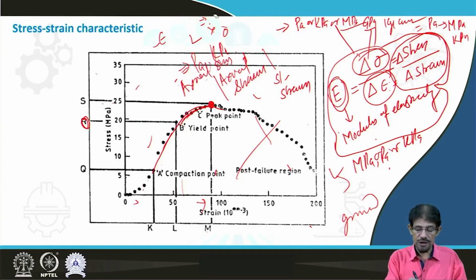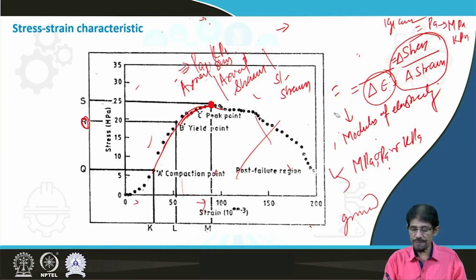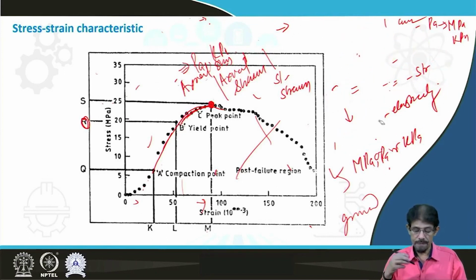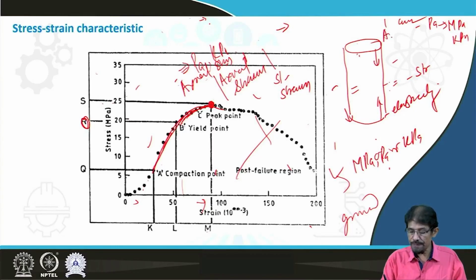This axial strain and axial stress is representing the modulus within this zone. If we are going to see the changes, suppose this is the sample, cylindrical sample of rocks. Here there is a change in this axial direction and change in lateral direction. When we are going to compress this, then the rock sample may be like this.